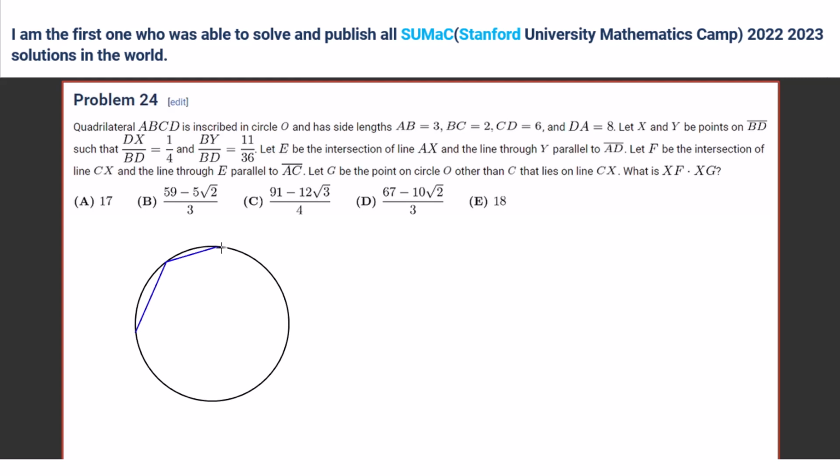Let X and Y be points on BD such that DX over BD is 1/4, so let's consider it something like this, and BY over BD is 11/36, which is around 1/3. So it will be something like this.